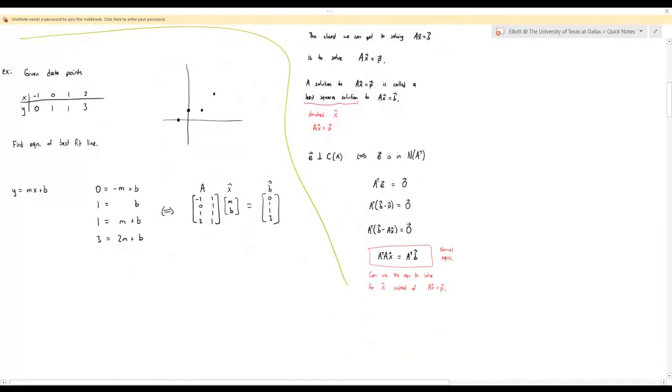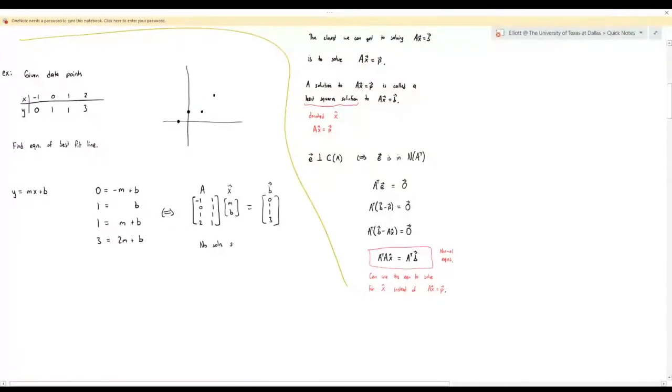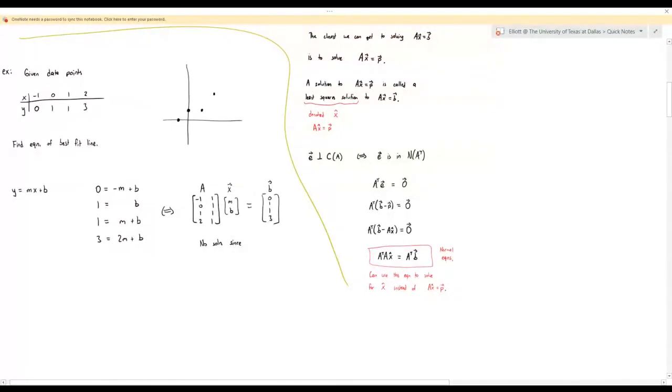As I commented just now, this system of equations would have no solution, since there is no line that passes through all 4 points.